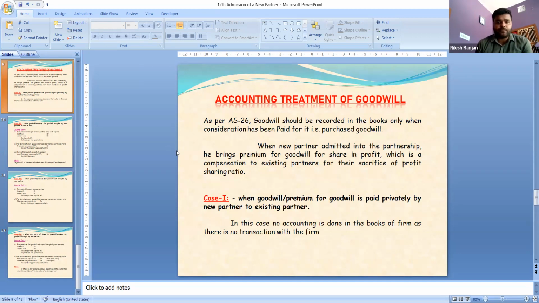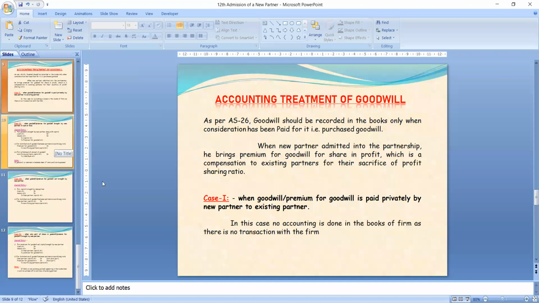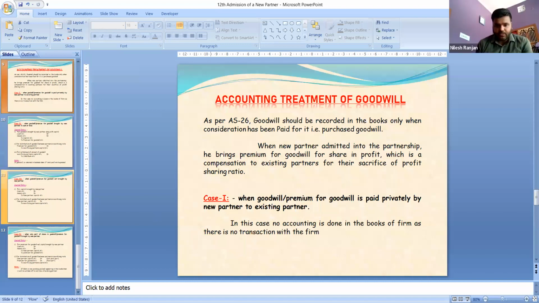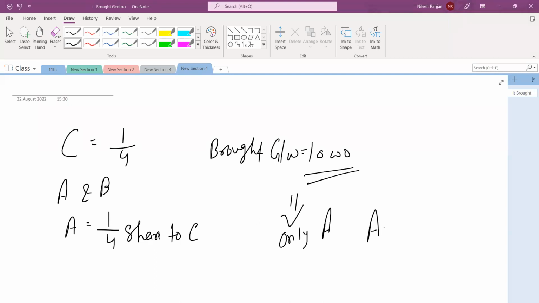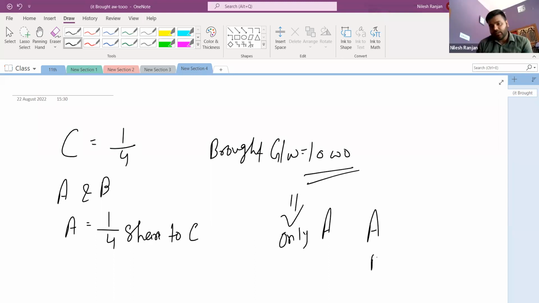Let's say A and B are partners, and there is our firm business, and here is a new partner.